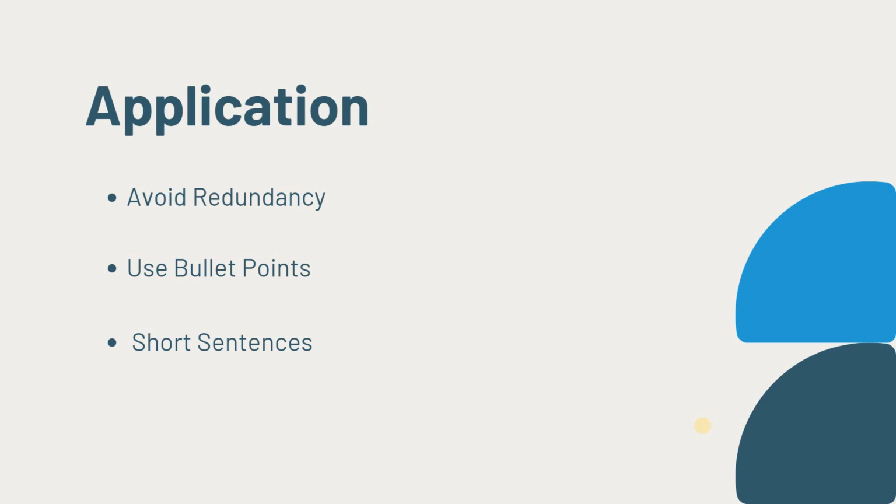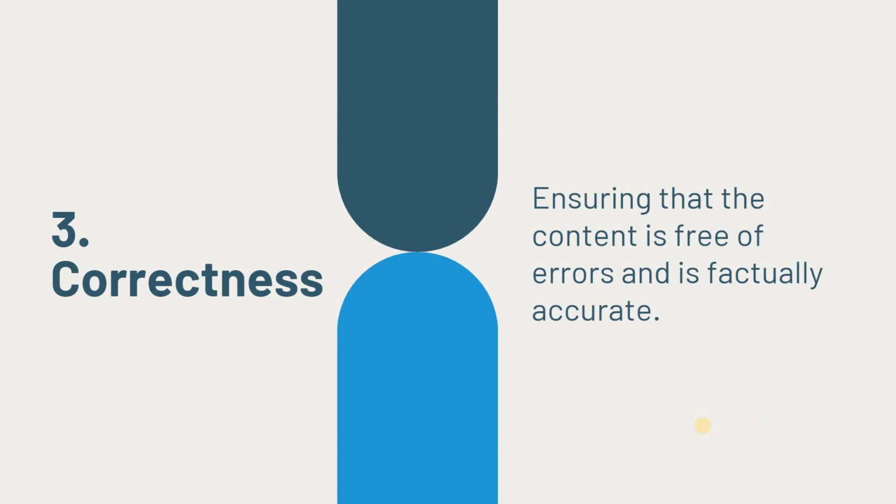The next C is correctness. It means that you ensure the content is free of errors and is factual and also accurate. Some of the things in correctness are grammar and spelling. Use spell check tools to eliminate errors, proofread your work, or have it reviewed by a colleague.